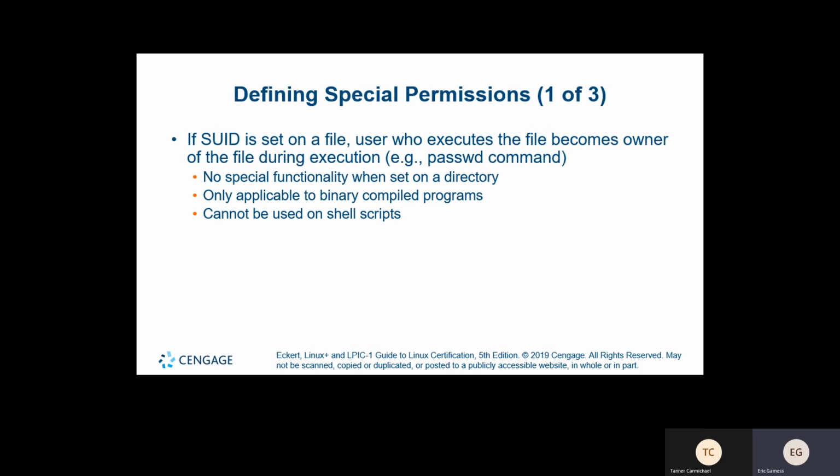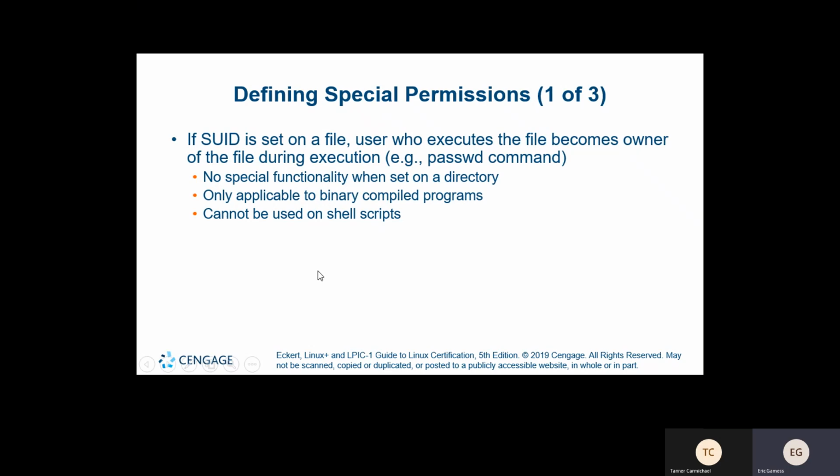So the set user ID can be applied only on a file. And it will change the behavior of executable files that are binary files, not executable files like the ones of Python, which are scripts.